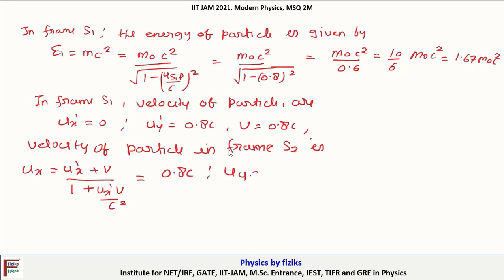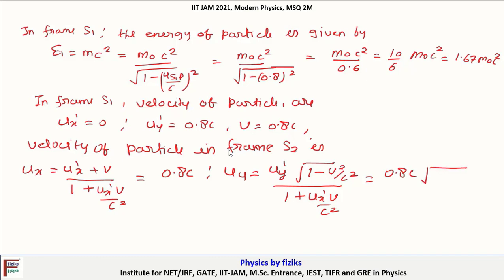Similarly, uy would be uy dash times the square root of 1 minus v square by c square, divided by 1 plus ux dash v by c square. So here uy is 0.8 c times the square root of 1 minus 0.8 square. So here uy is 0.48 c.